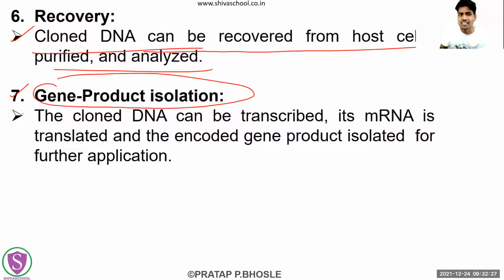These are the generalized steps which are given. You will find a lot of other variations also. Even if you write this, it is going to be perfectly right, because the techniques of recombinant DNA technology can vary depending on the outcome you want.